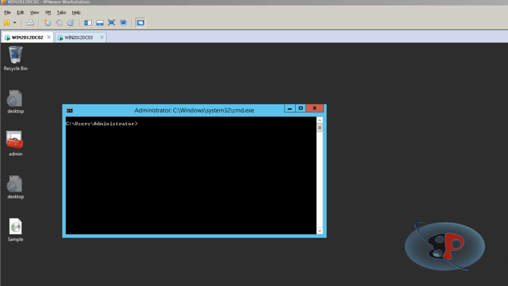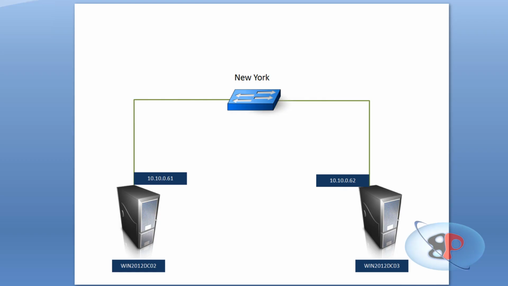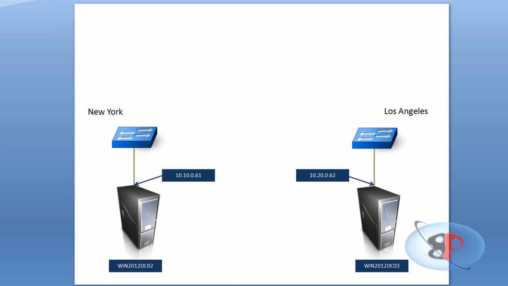LAN segments. Okay, so when we started, our setup was like this. We had two servers on the same LAN segment called New York and in the same subnet, which is 10.10.0.0. Then we moved a Win 2012 DC03 server to a different LAN segment called Los Angeles and to a different subnet, which is 10.20.0.0.